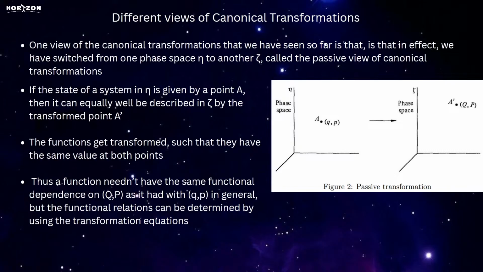Thus, functions like energy, which are well defined, are transformed such that the value when evaluated at the initial and the transformed points are the same. However, since the coordinates of the initial and final points need not be the same, there must be a change in the function's form itself to account for the value being the same.